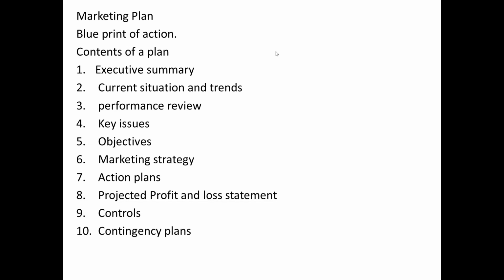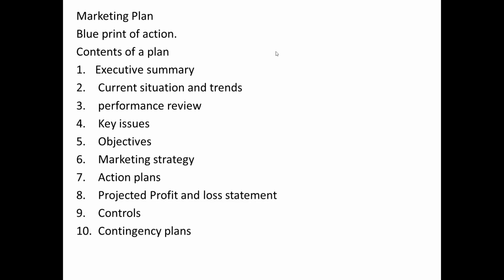Now, the first and foremost component of this marketing plan is the executive summary and the table of contents. The marketing plan should open with a brief summary of the plan's main goals and recommendations.